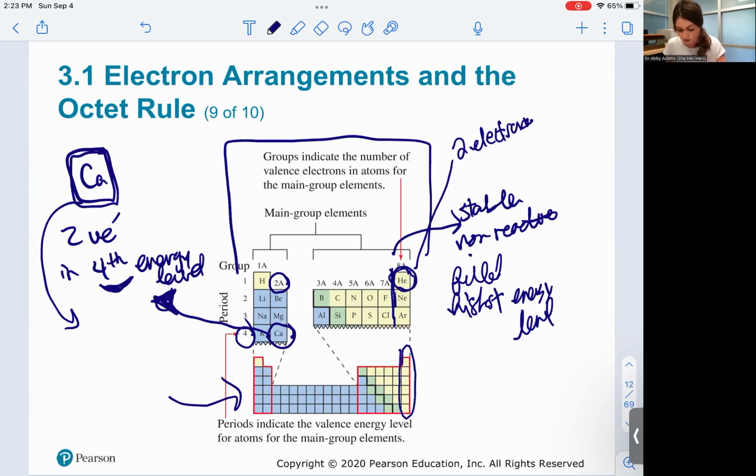So even though they have 2 and it's only the first energy level, that is still full. So helium is happy over here. Okay. So once again, just get really familiar with what the periodic table means.